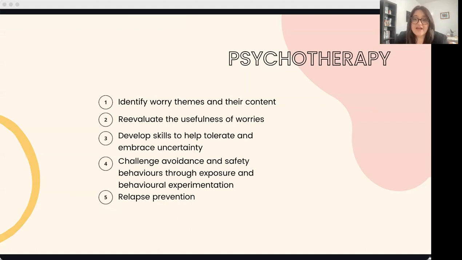Two, we need to reevaluate the usefulness of worrying in one's life and challenge those positive beliefs. Three, we need to work on the development of skills that will help individuals tolerate and embrace uncertainty in their lives. Four, we need to challenge avoidance and safety behaviors through exposure. And lastly, we also need to work on relapse prevention.